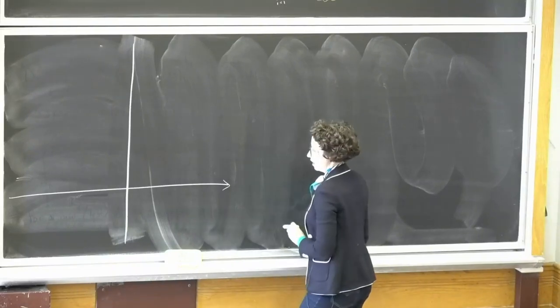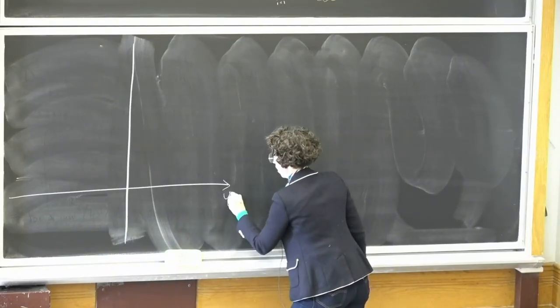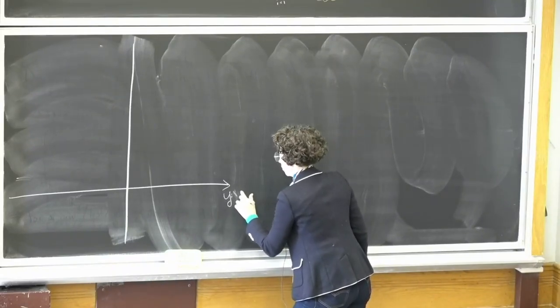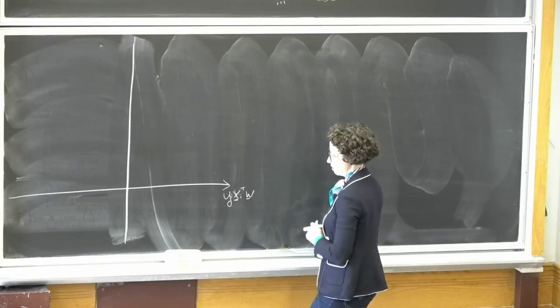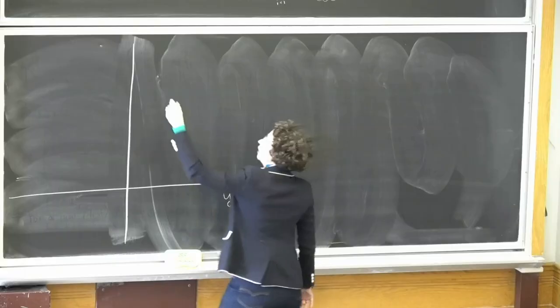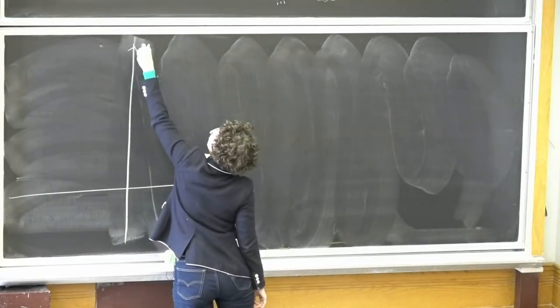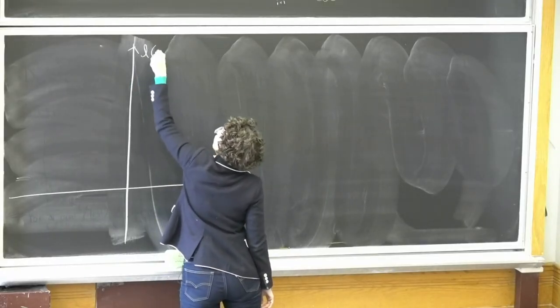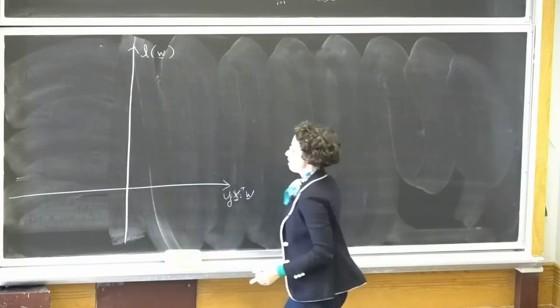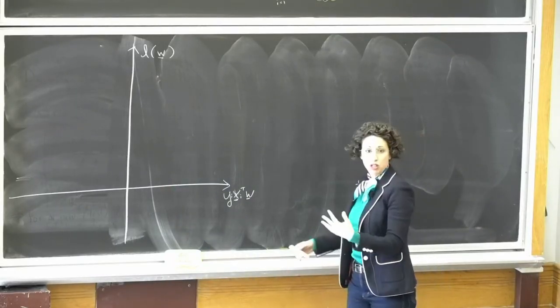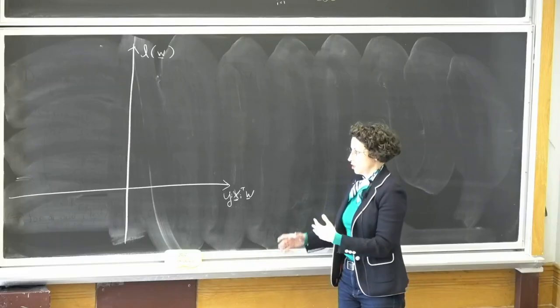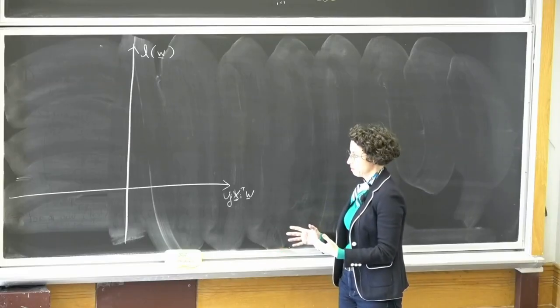My horizontal axis is going to be yi xi transpose w, this product that we were just talking about. And the vertical axis is going to be my loss associated with whatever weight vector I choose. So we're just looking at accuracy or loss for a single training sample at this point.